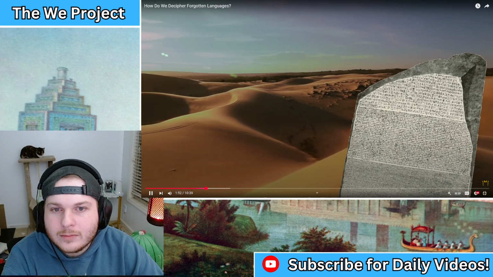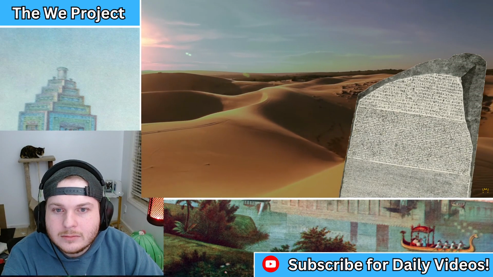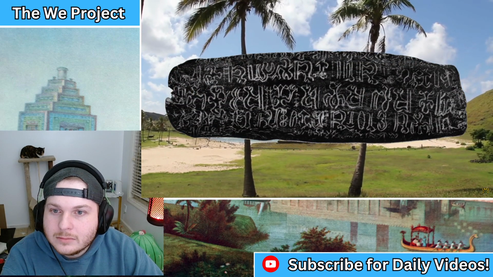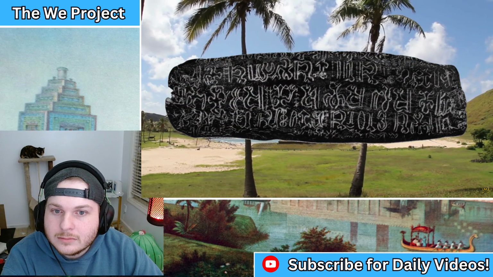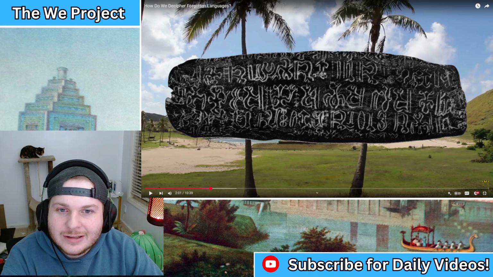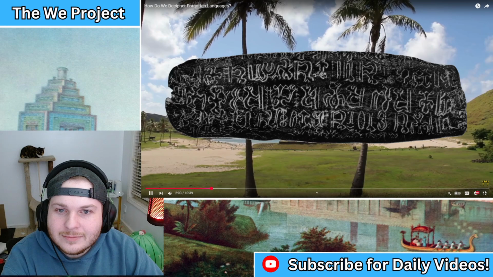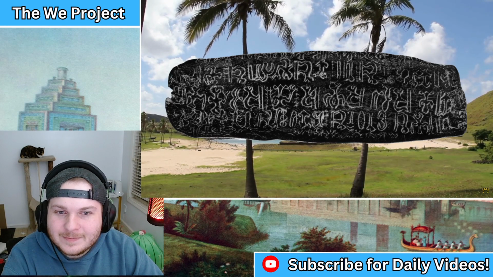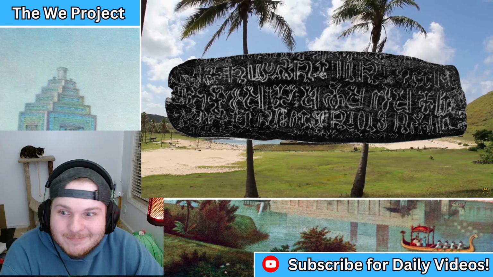Can be extremely hard, and in some cases likely even impossible. The Rongo script of Easter Island, for instance, is famous for having never been deciphered. I didn't know that. Easter Island's a very interesting case. And probably won't be for quite some time due to a variety of factors. But it is still possible to transliterate scripts.